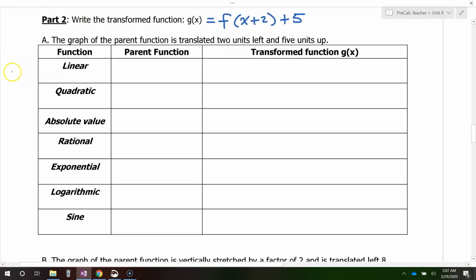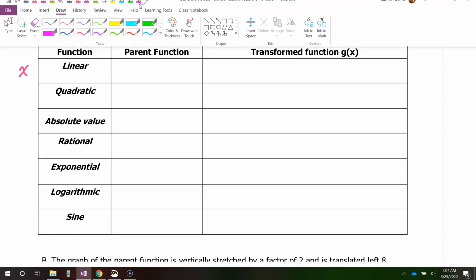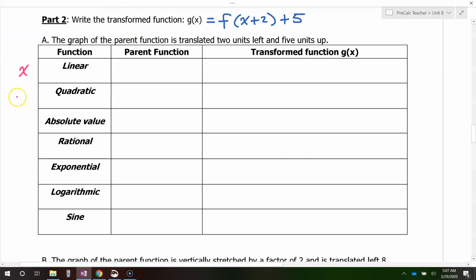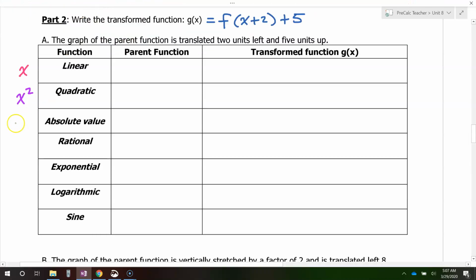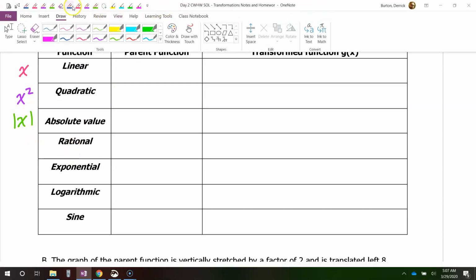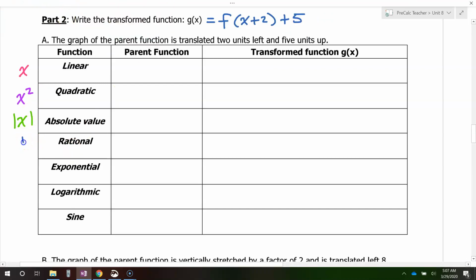Linear is just x, like y equals x. Quadratic is x squared. Absolute value is the absolute value of x, like that. Rational is a fraction, so that's like 1 over x.